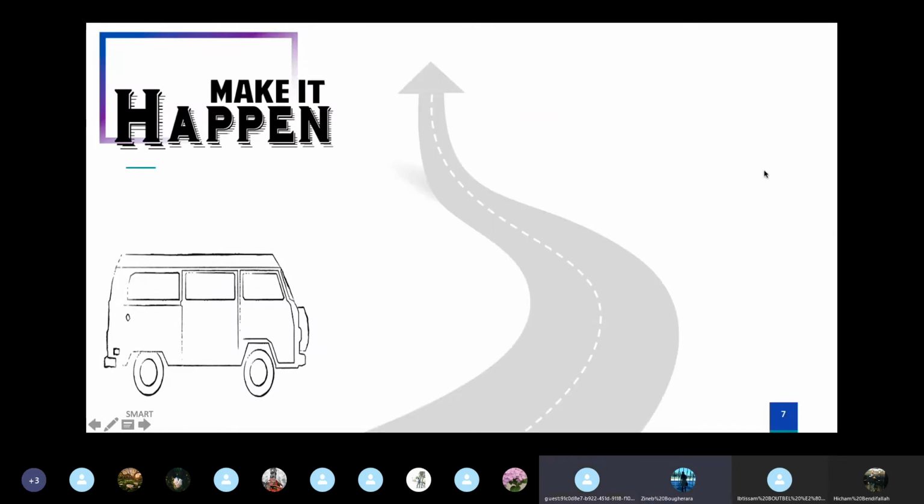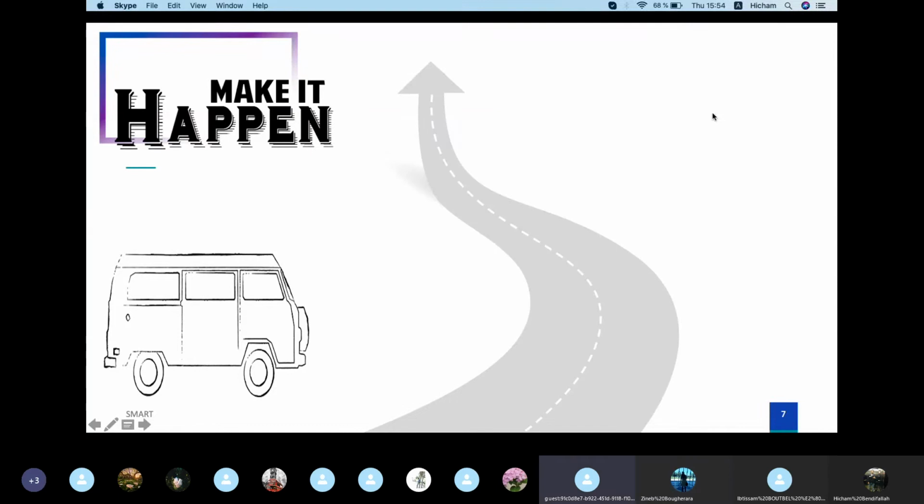Excuse me, before you move, the example you provided looks like a learning objective of a whole sequence. So how can you relate that to a goal? Exactly.